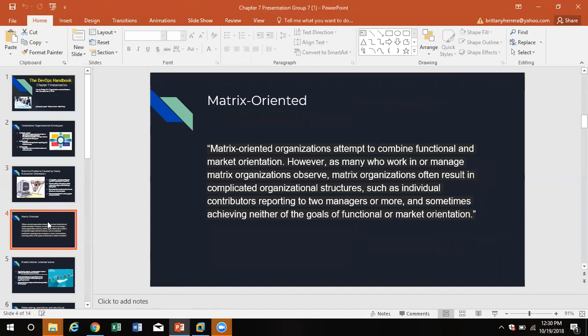Then matrix-oriented attempts to combine functional and market, but as many who work in or manage them know, they result in complicated organizational structures. So they might have two managers to report to, or it just ends up being more complicated than it might need to be.